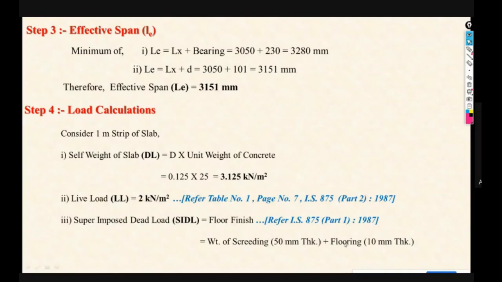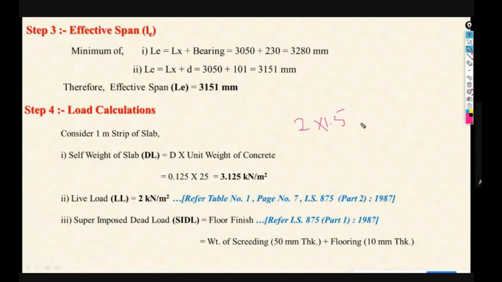No, actually we are not considering that. The basic reason is that here we have considered live load as 2 kilonewton per meter square. So many workers are there while pouring the concrete and casting the slab, but from the design point of view, we are multiplying this live load by 1.5.